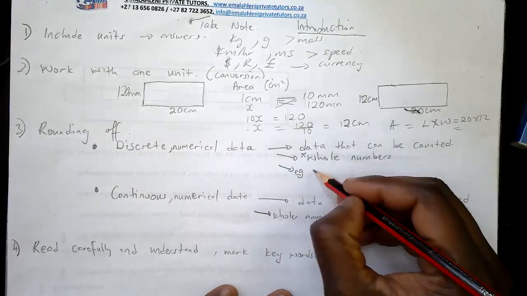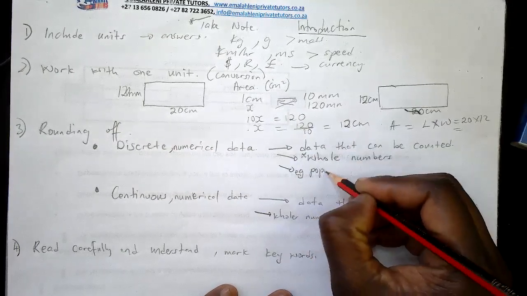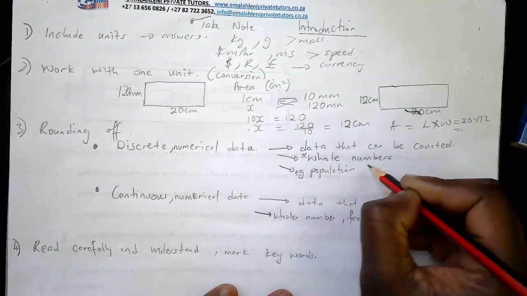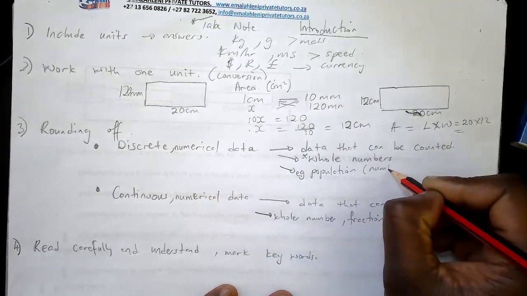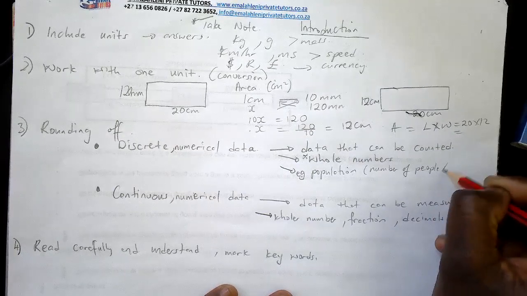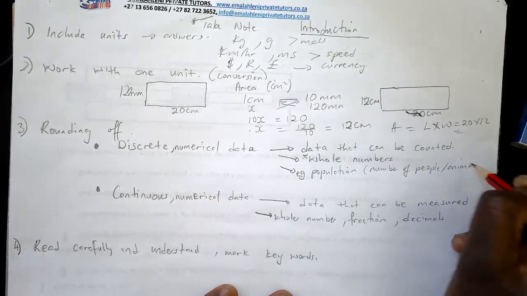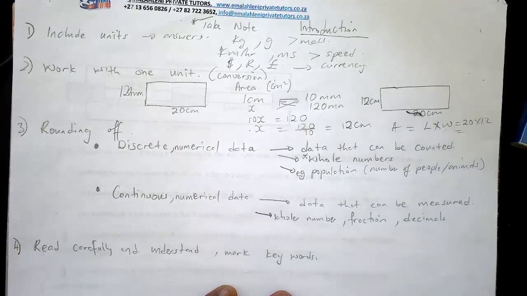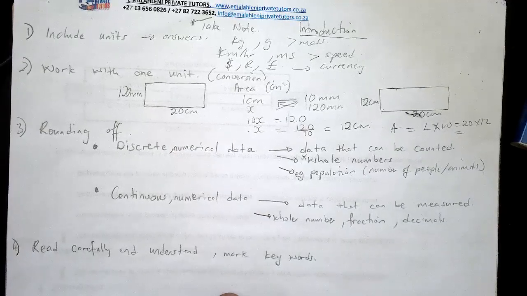For example, population, number of people, or animals. You can't say we have 2.56 people or 2.57 cats. It can be cows or something like that.